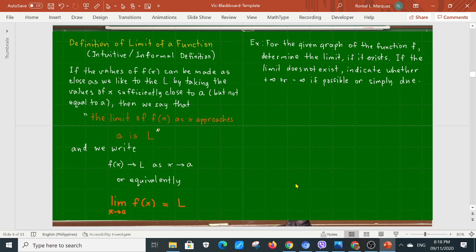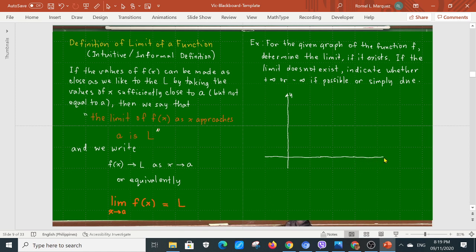So, I am going to draw a graph. Let's have a beautiful graph. I think it's not a beautiful line.